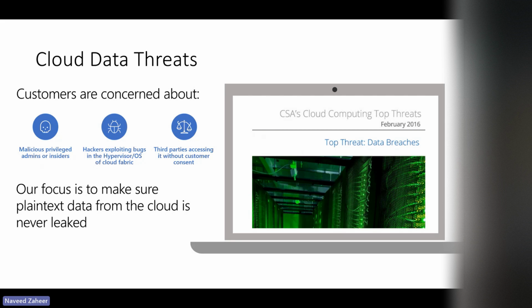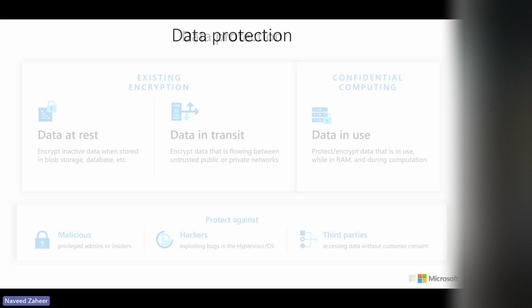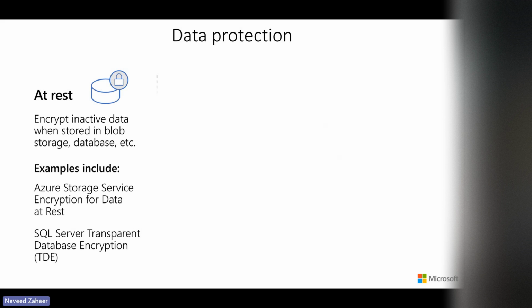These are the scenarios that confidential computing is there to address. This covers what some people call a three-legged stool: protection for data at rest, protection for data in motion, and protection for data in use through confidential computing.